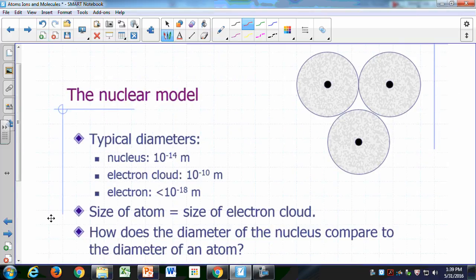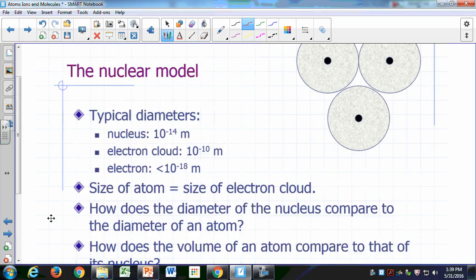So let's look at the typical sizes for the parts of an atom. The nucleus typically is around 10 to the negative 14 meters. Remember we said that the distance between two atoms is around 10 to the negative 10 meters. You can imagine that as the diameter of the electron cloud.